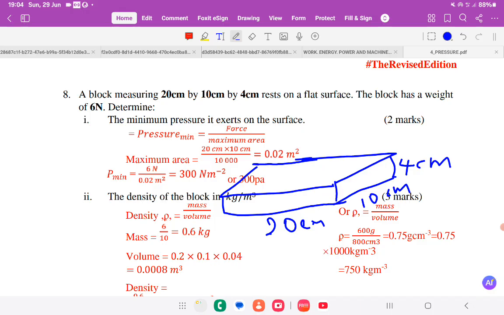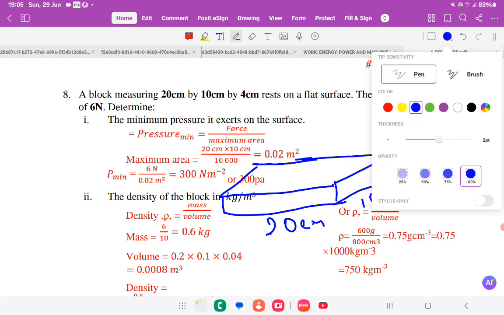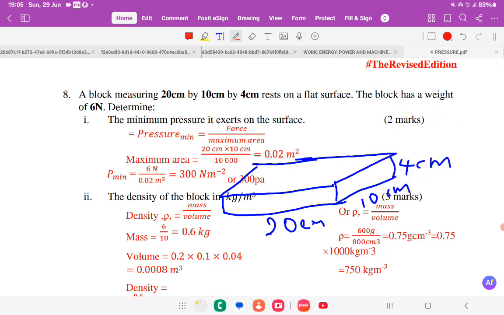Right, so to find the minimum pressure, it means we should find the maximum area, and then we divide the given force by that maximum area. The maximum area is obtained by simply multiplying length by width.